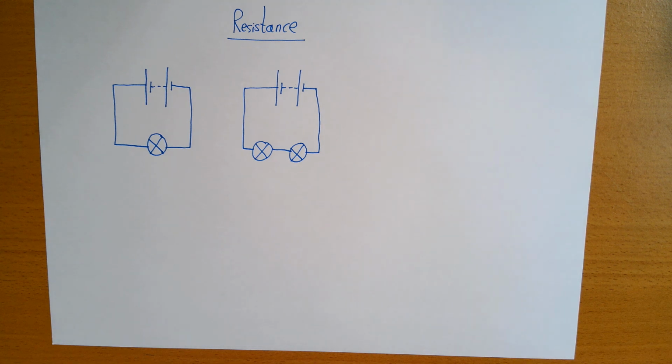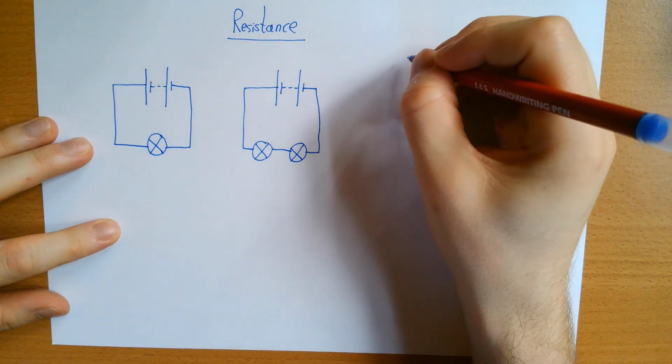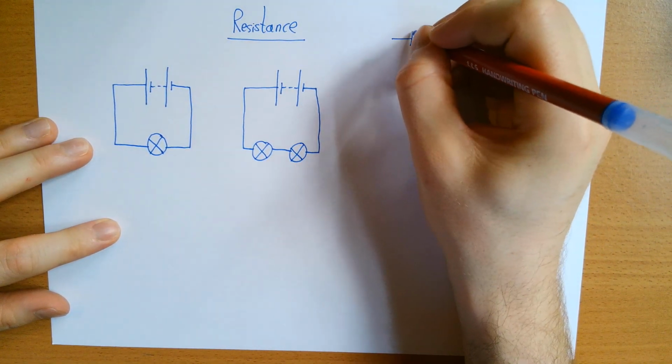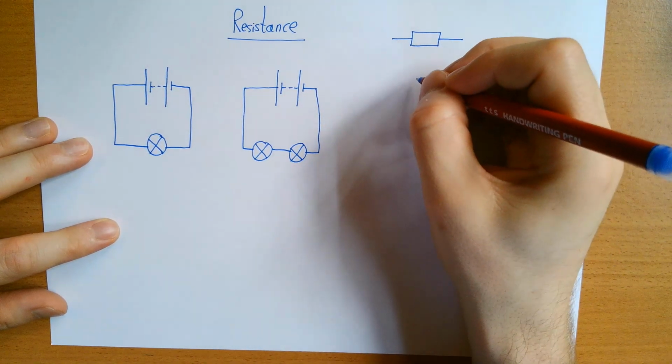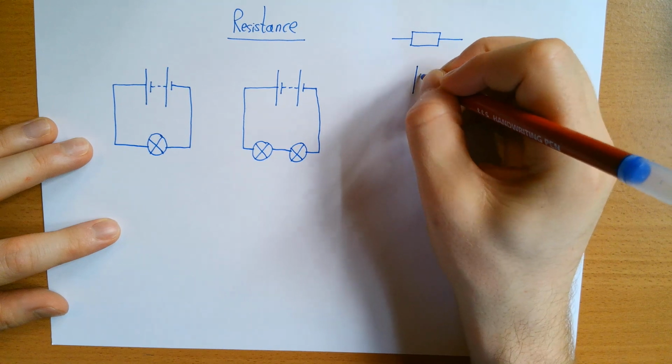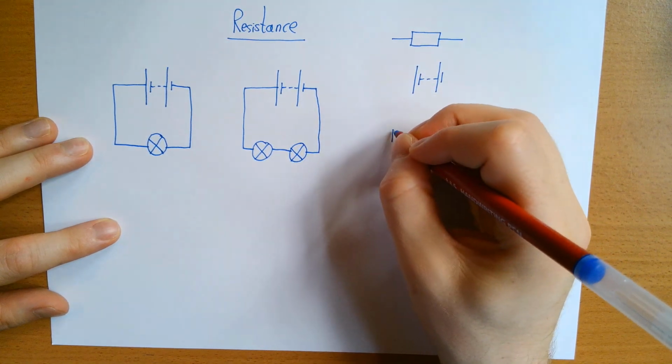Now there's a component called a resistor, and the circuit diagram for that looks like this, just a box or rectangle. So what I can do is represent these circuits or redraw them, but just with resistors.